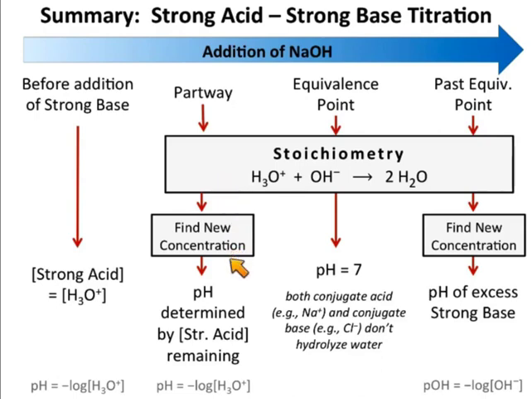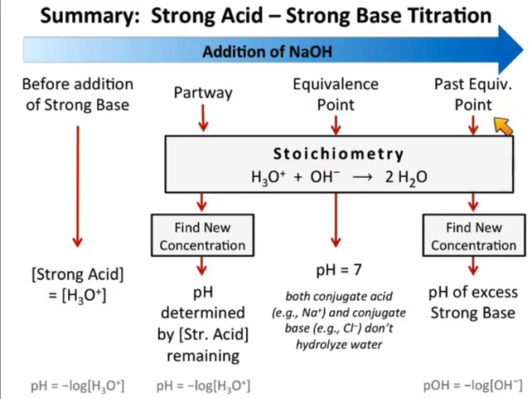And then whatever acid is left over, because you're not at the equivalence point, so you still have acid around. First, you have to deal with a dilution, because you've added some solution. You have a new volume, so you have to deal with that. Then once you find your new concentration, the concentration of the acid is equal to the concentration of H+. At the equivalence point, the stoichiometry doesn't really matter because you have pH 7 for a strong acid and a strong base, because the ions that are left over don't hydrolyze water.